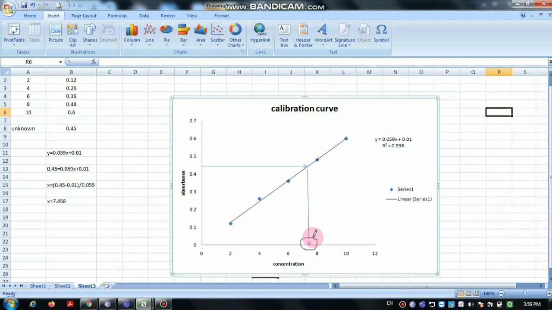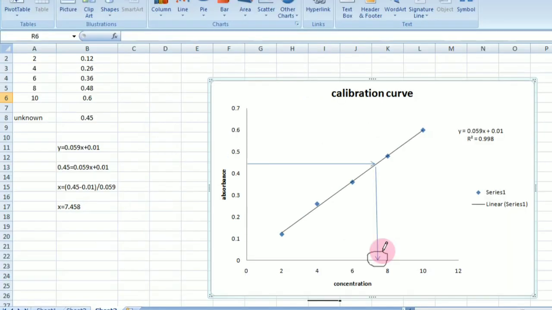From the graph you can see that it is after 7 point odd. As I have not taken the microscale, I cannot tell the exact value, but if we have taken the microscales on the x-axis and y-axis, then we can know the exact values also. It will be close to 7.458, which we have got from the regression equation method.